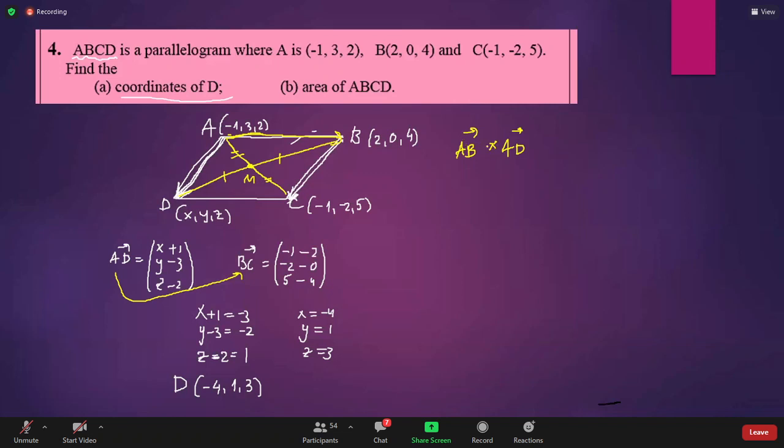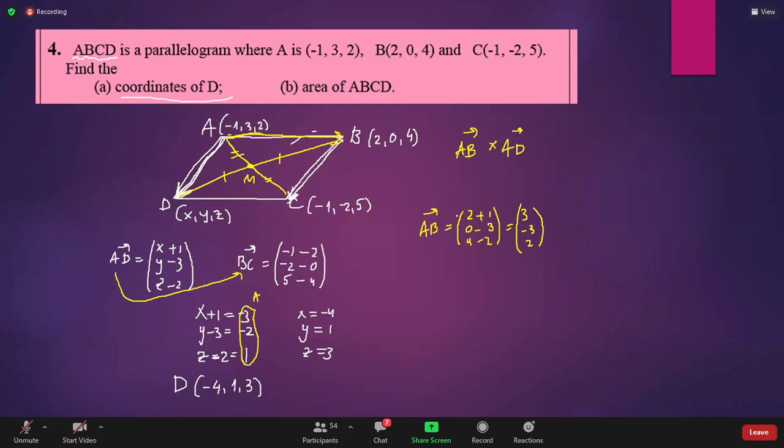So vector AB would be B coordinates minus A coordinates. So 2, 0, 4 minus A coordinates -1, 3, 2. So vector AB is 3, -3, 2. That is vector AB. AD we already actually have. That is, these are the coordinates of AD.